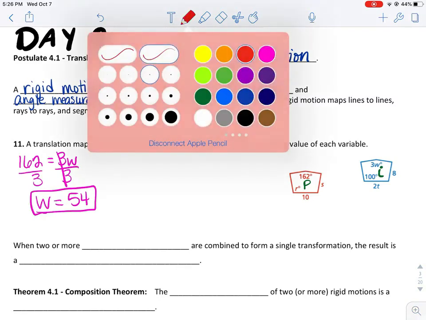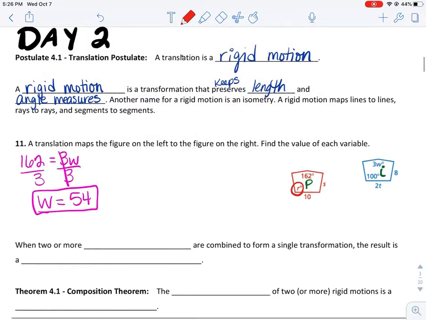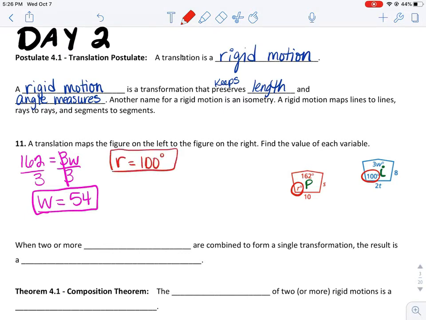Let's do some more. I'm going to change color so we can see these. Let's see. I see R here in the corner. Its corresponding piece in the image. Ooh, that's nice. R just equals 100 degrees. Not much calculating to do there.